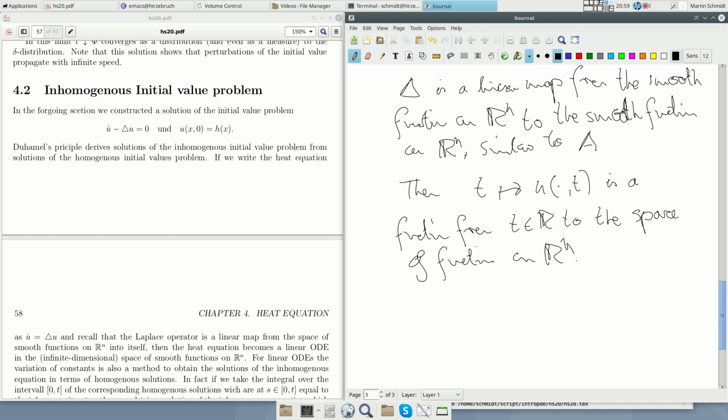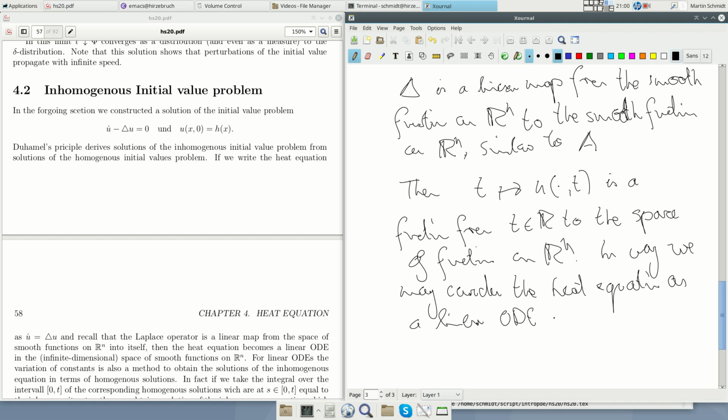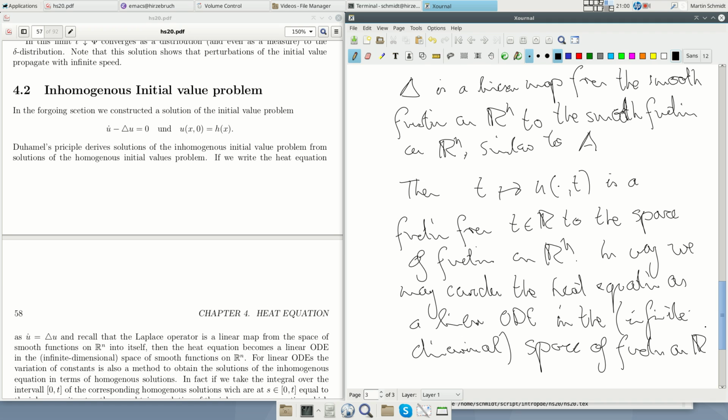Okay, so in this way we may consider the heat equation as a linear ODE in the space, of course it's infinite dimensional, space of functions on Rn.